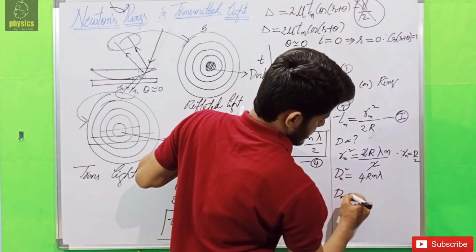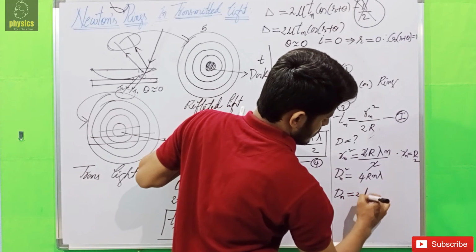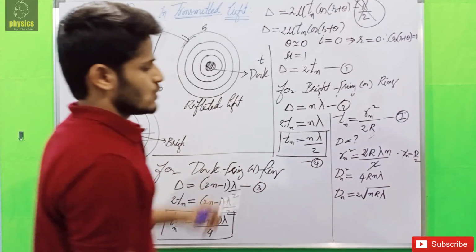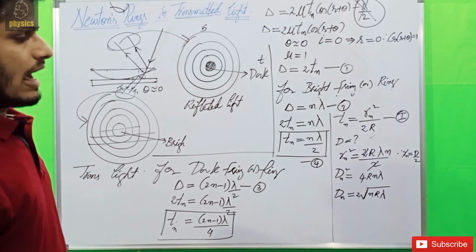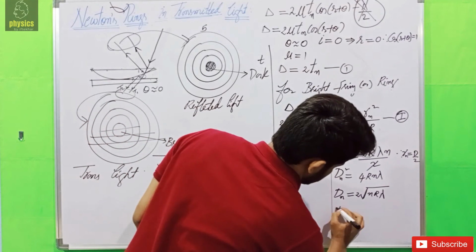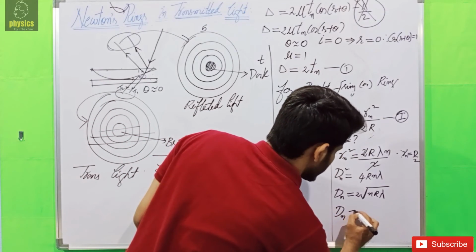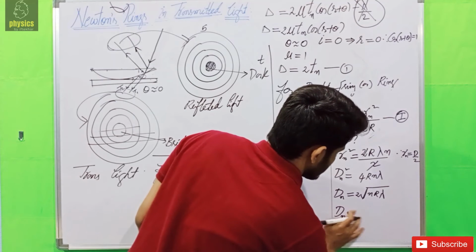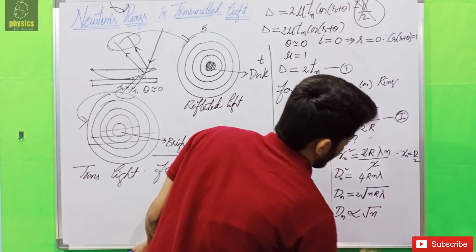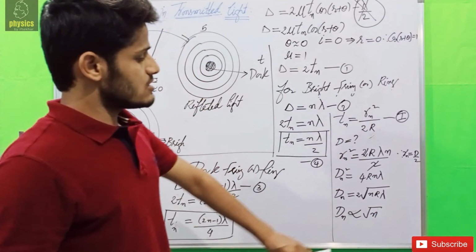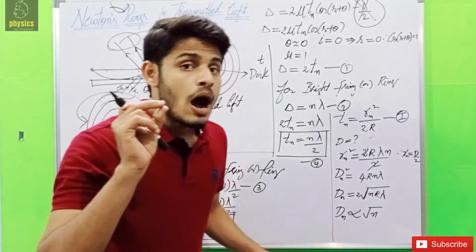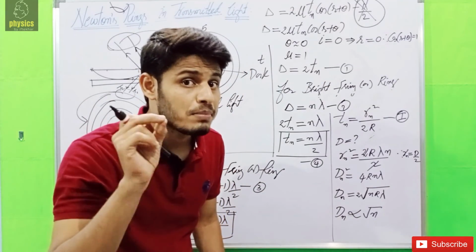So D sub n is equal to 2 under root n R lambda. So how the diameter and order of the bright fringe are related is, the diameter of the bright fringe is proportional to under root of n. So this is for the bright ring.